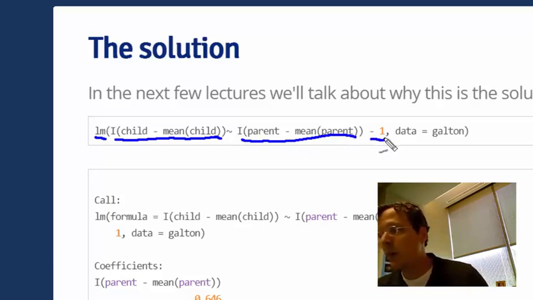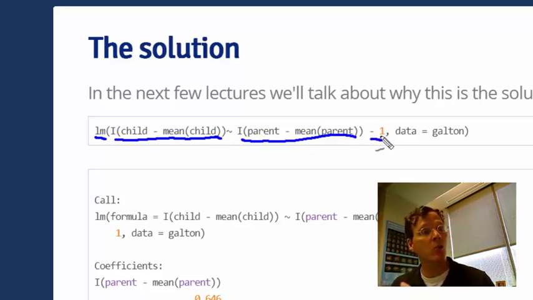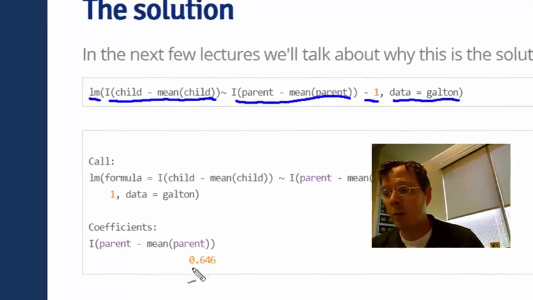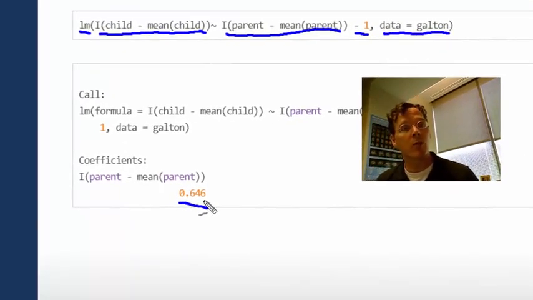This -1 says get rid of the intercept because we're talking about regression to the origin, where we forget about a y-intercept, and then telling it that the data set I want to fit is Galton, and it gives me the slope, 0.646. So we're going to talk about this a lot. We'll go through this in great detail throughout the rest of the class.